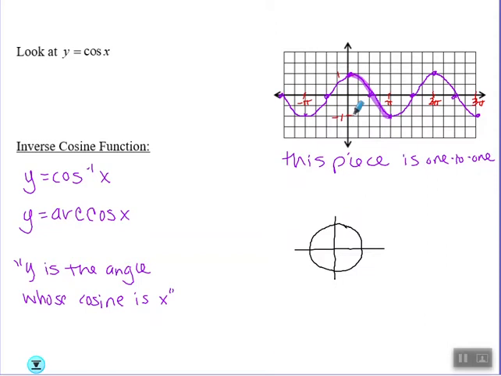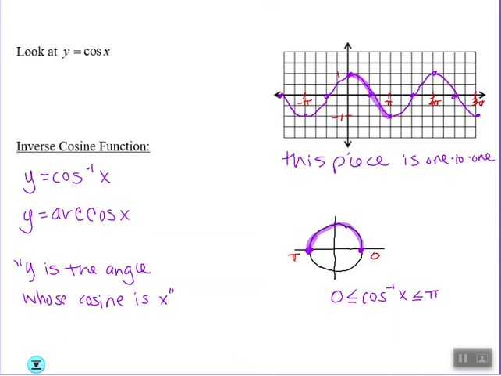Since we are looking at the part of this graph between 0 and pi, that means that we are looking at this section of the unit circle, and we are including both 0 and pi. So this means that inverse cosine of x is always between 0 and pi.